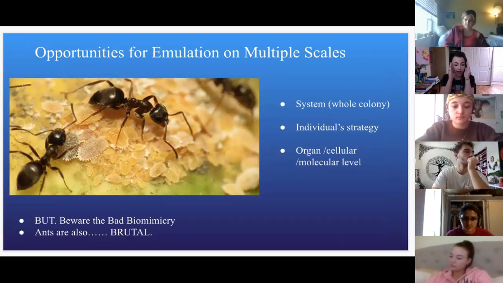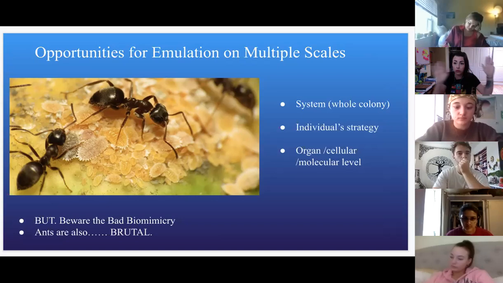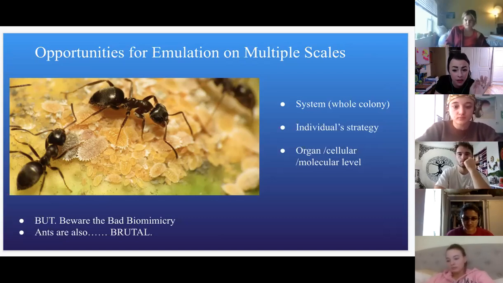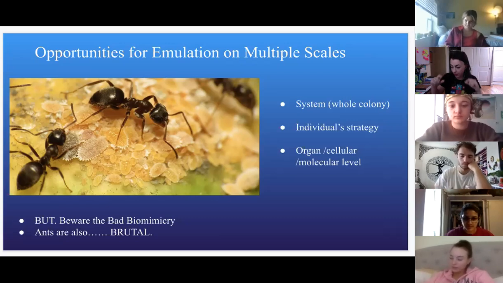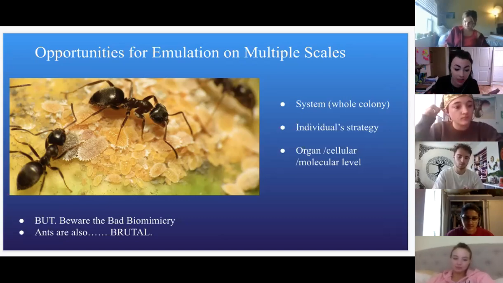What is that individual ant doing? What is it sensing? How is it reacting? What is its job? Monday, we're going to go down and look at the organ, cellular, molecular level of these things. So as you're looking at this stuff, keep track of the scale and the scope, because you're going to have a ton of different strategies that you could emulate.